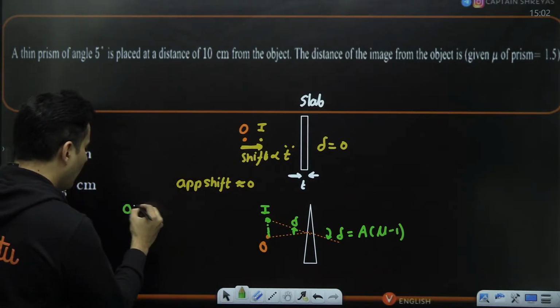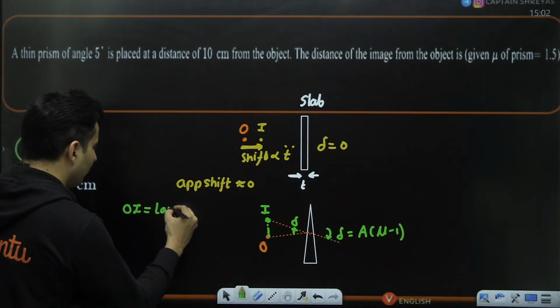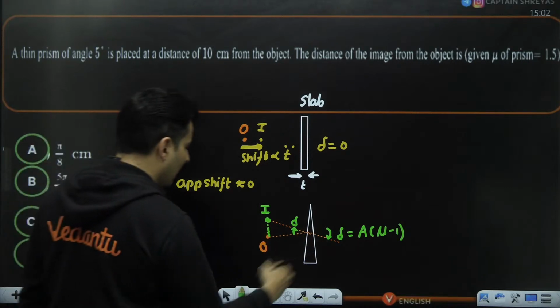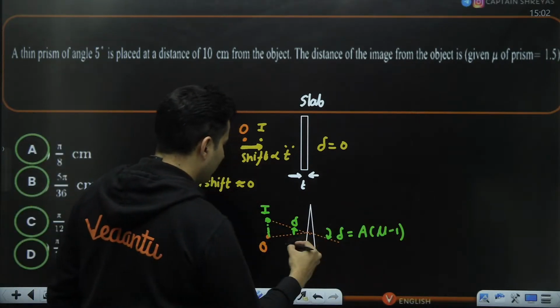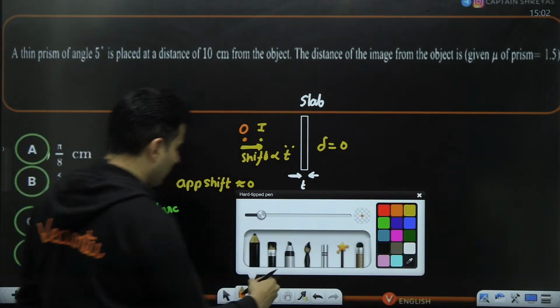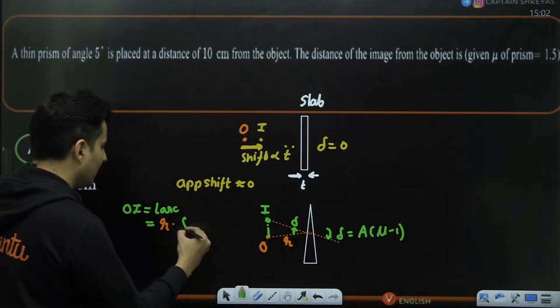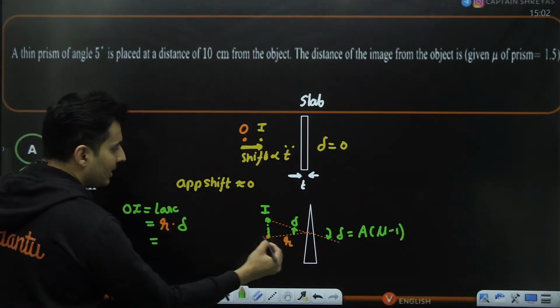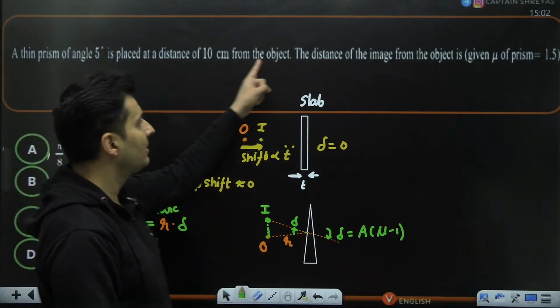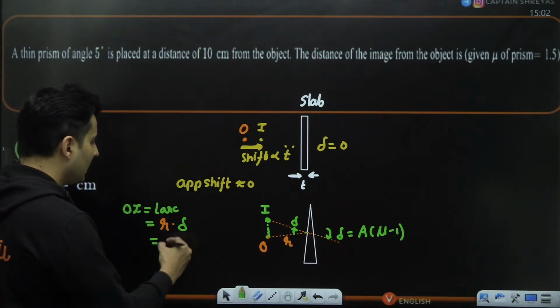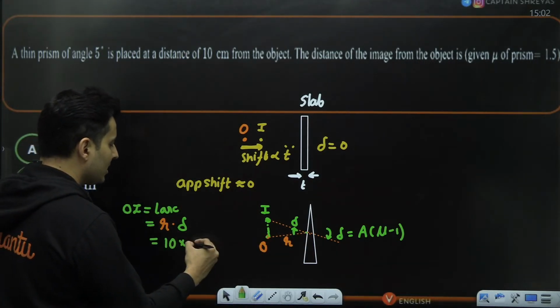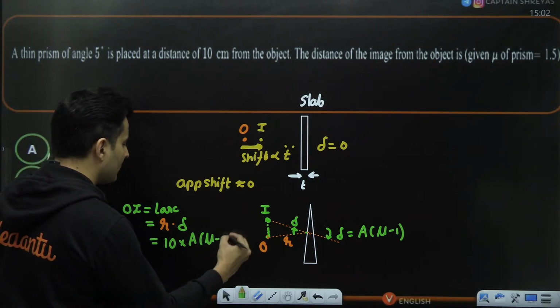So OI is the length of the arc, and that length of the arc is, let's say I call this R, the radius, into the angle subtended, which is nothing but delta. This R is the distance of the object from the prism, which is 10 centimeters, and the deviation is angle of prism into mu minus 1.